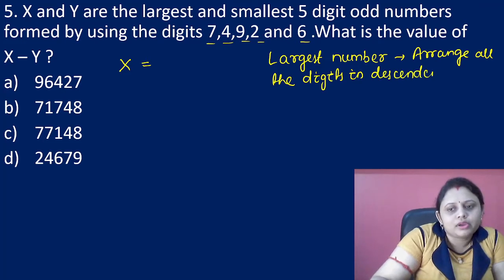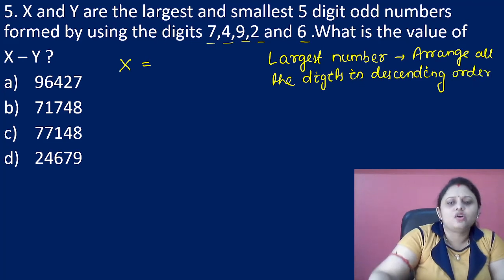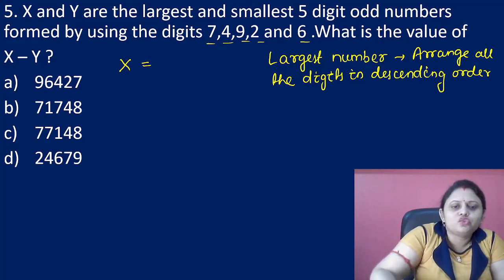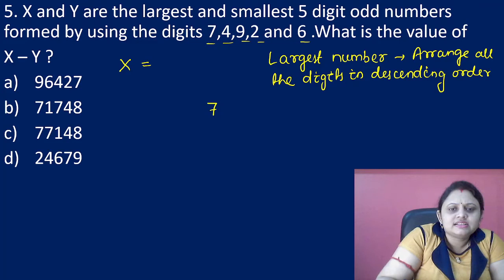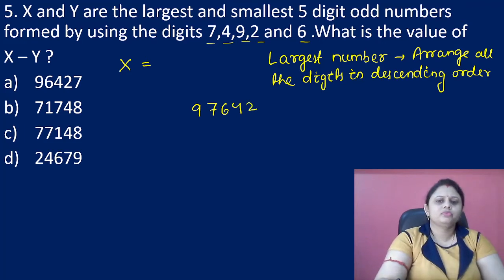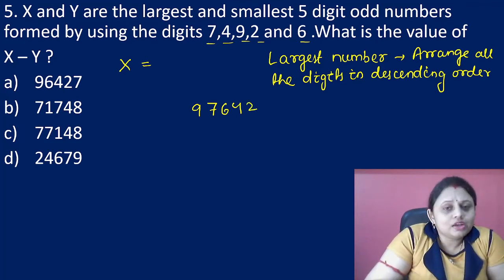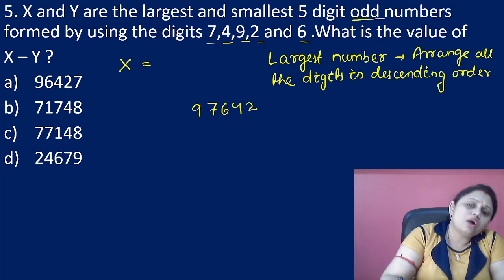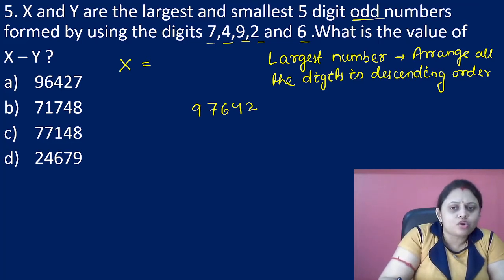So if we arrange 7, 4, 9, 2, 6 in descending order, what will be the largest number? 9, 7, 6, 4, 2. Okay, but we are not asked the largest 5-digit number. We have asked the largest 5-digit odd number. So how to find out the largest 5-digit odd number?